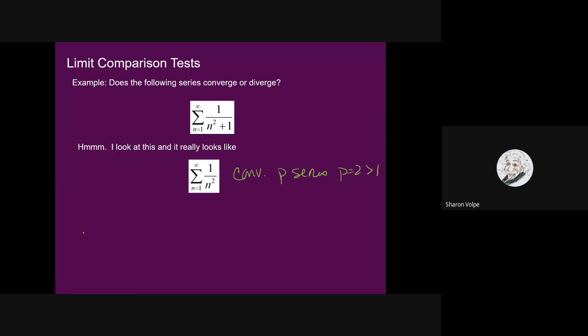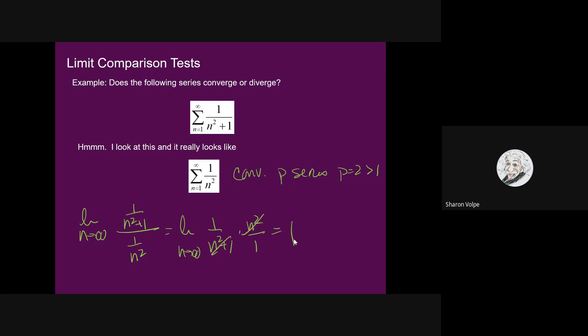The test that you use is this: your unknown series divided by your known series. And again, I usually skip this step and multiply by the reciprocal. I get 1 for this limit.